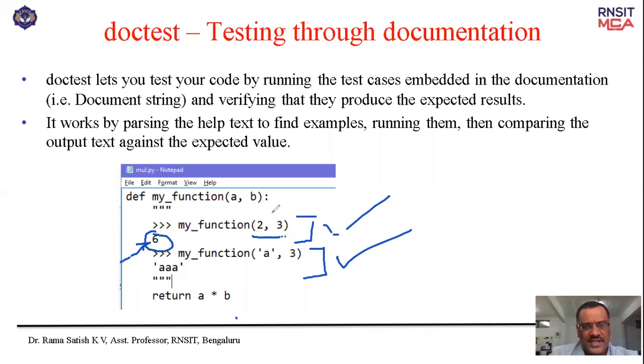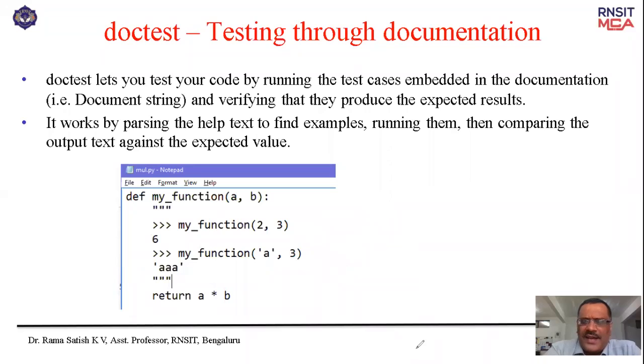The computer will execute by itself, and once it completes its execution, it compares the actual output with the expected value. If the value is the same, then the test case is clear. If the value doesn't match, definitely it will throw a message stating the test case has failed. That is the concept of a test case, and you can do it with docstring.